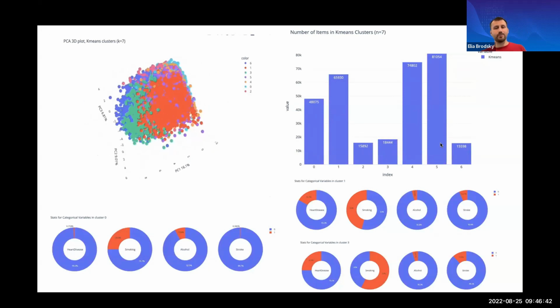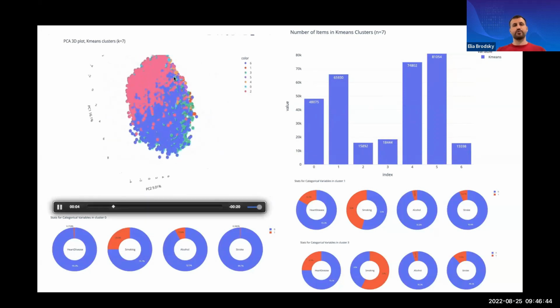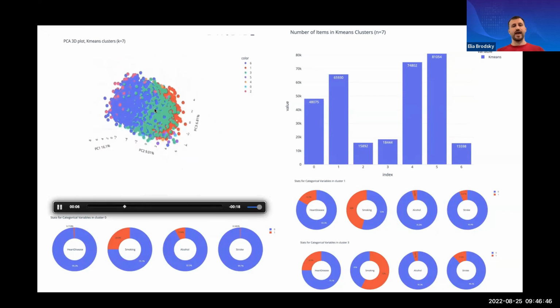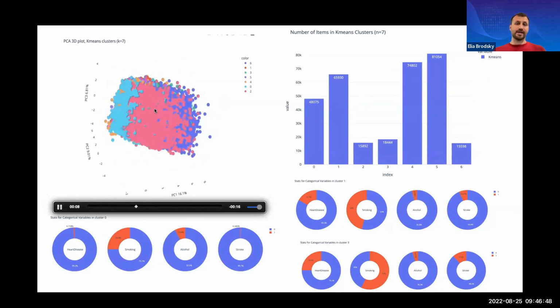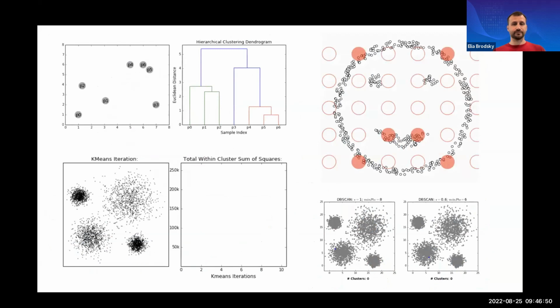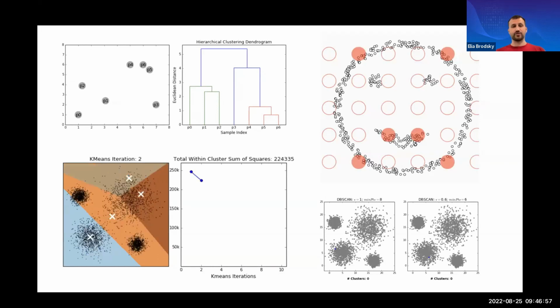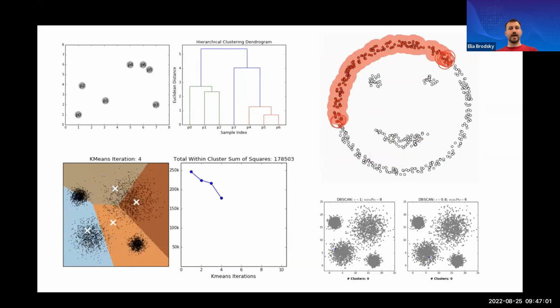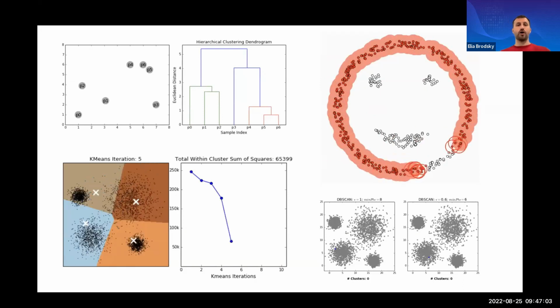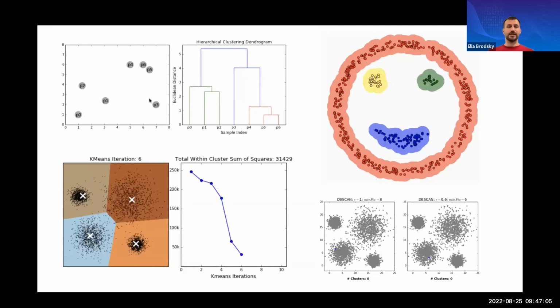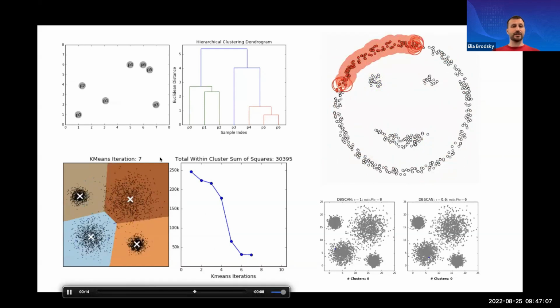But ultimately, I'm also interested in the separation between my clusters, and I see that the separation is actually not that great. And that's why, in many cases, we want to use many different methods of clustering, because each method of clustering has an application to more complex data sets. So here you can see this is k-means clustering.